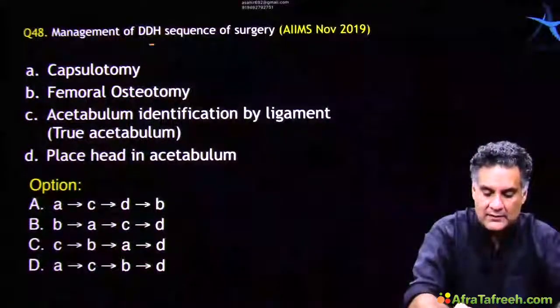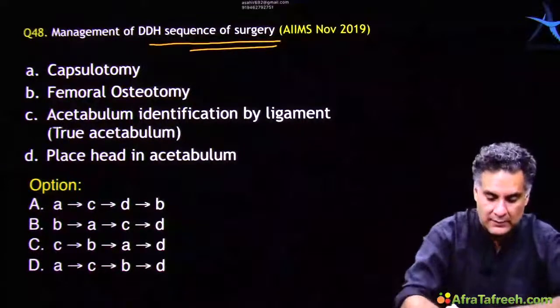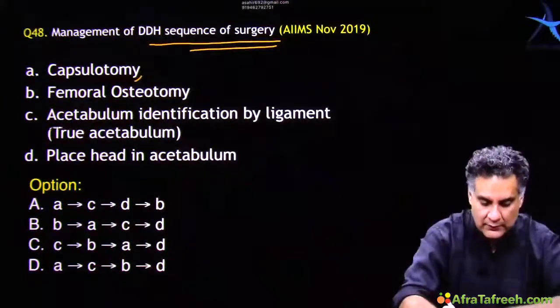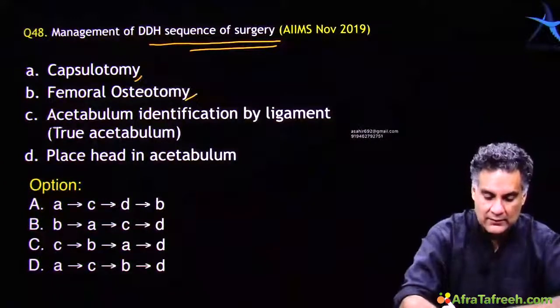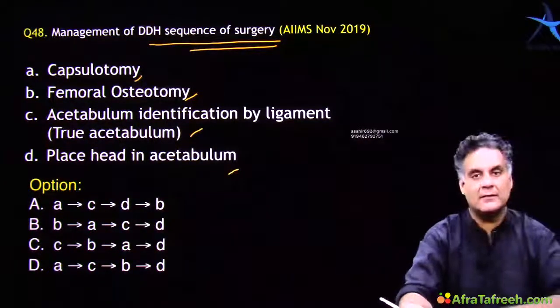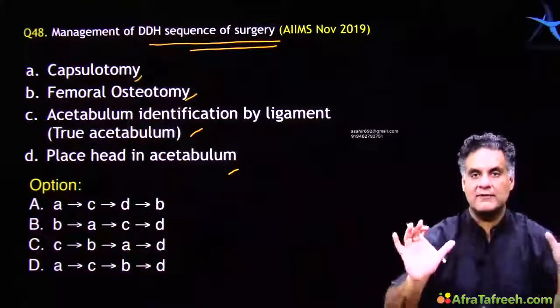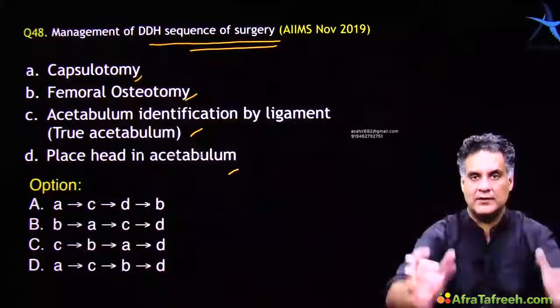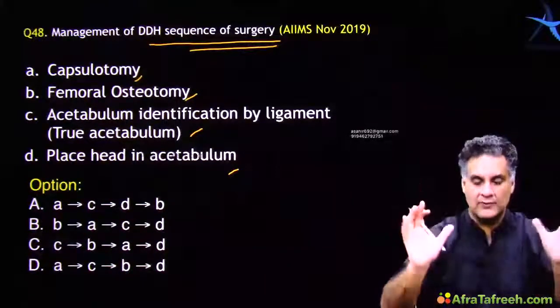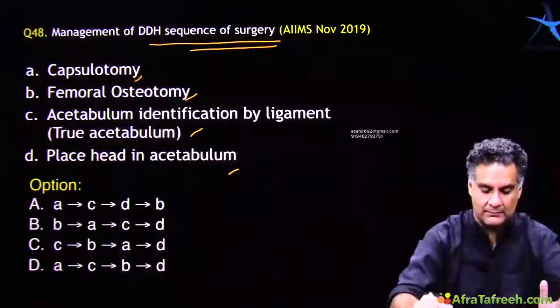Management of DDH, sequence of surgery. So what will you do first? Will you open the capsule first? Will you correct the acetabulum first, or femur first, acetabulum first, or place the head in acetabulum? So what I'll do is I'll open the capsule. The first thing I will do is I will open the joint. Once my joint is opened up, I will identify where is the acetabulum.